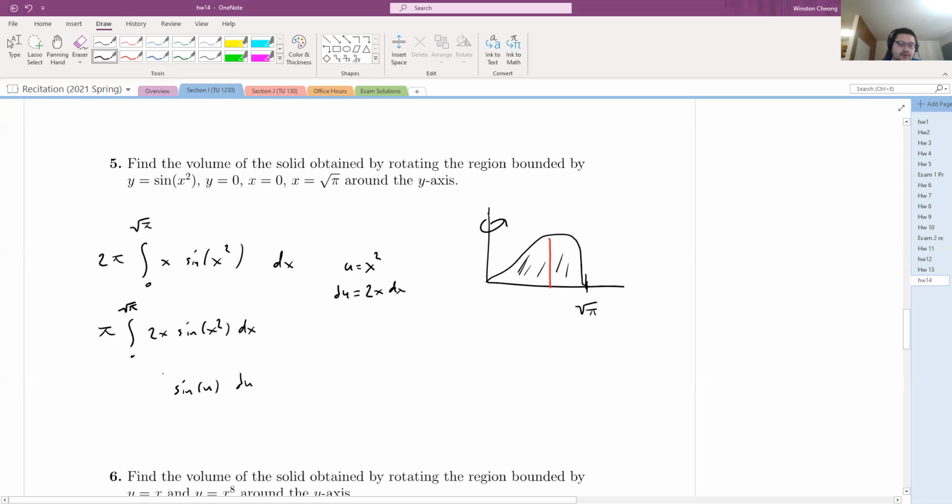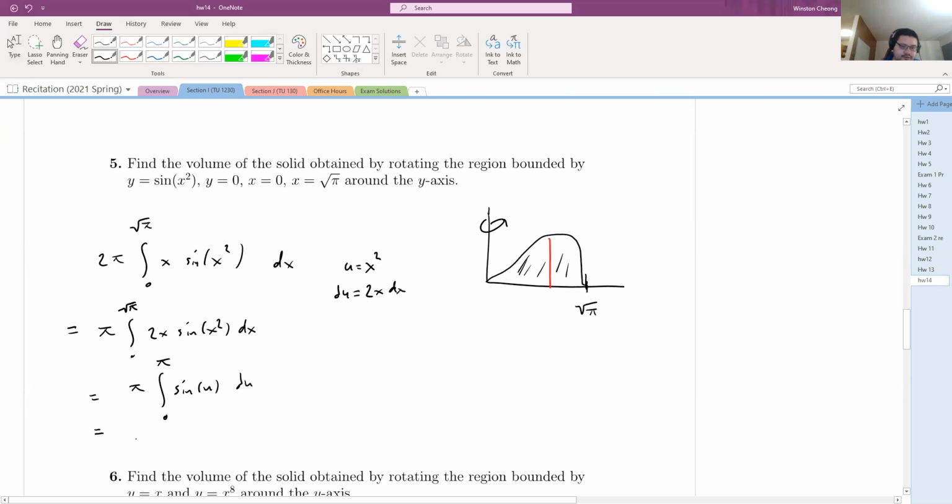So we have sine of u, we have an integral, and then of course we will want to convert the limits of our integral. So we square our x to convert it to u. So we just have to square these two limits, 0 squared and root pi squared. So there we go. All of these are equal to each other.